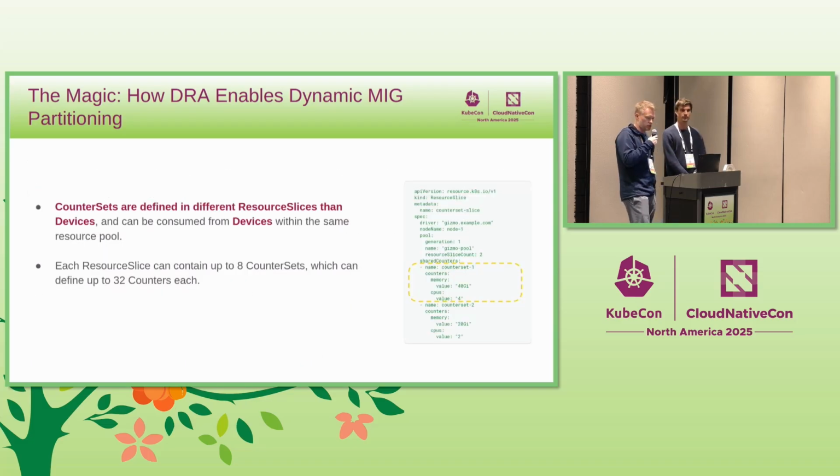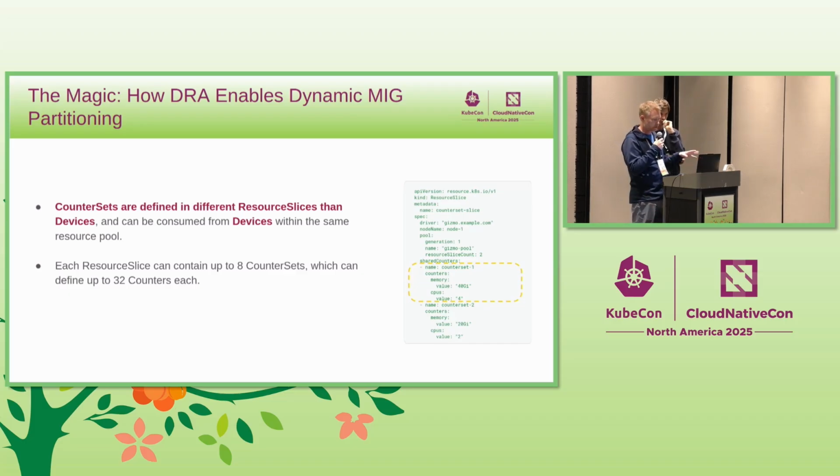And we're trying to go into a simple example here of how this works. So here's an example of a resource slice that defines shared counters. And you can see here we have two counter sets, but we'll focus on counter set 1 here, which we see has 40 gigabytes of memory and 4 CPUs.